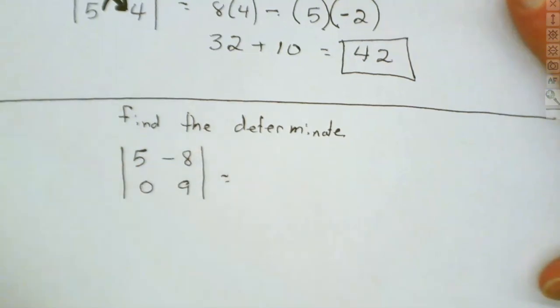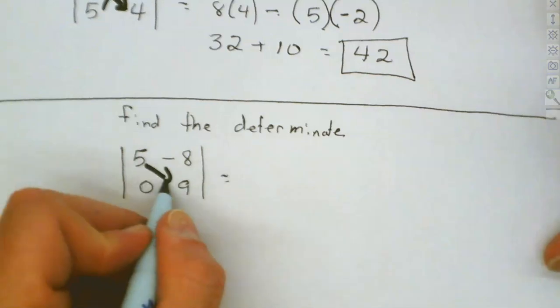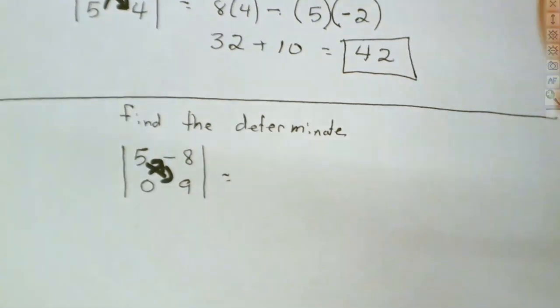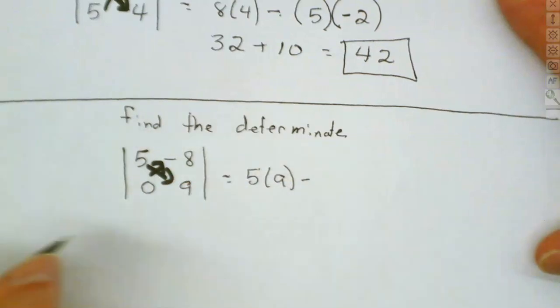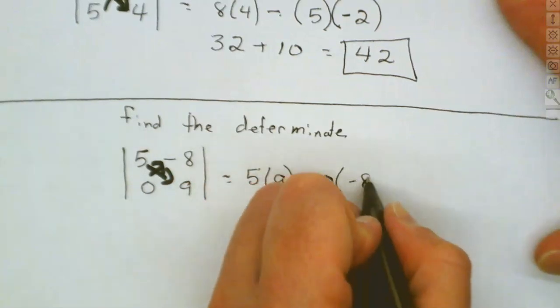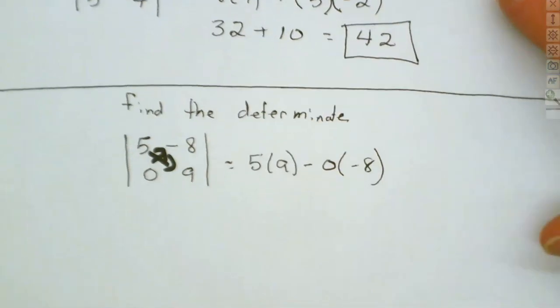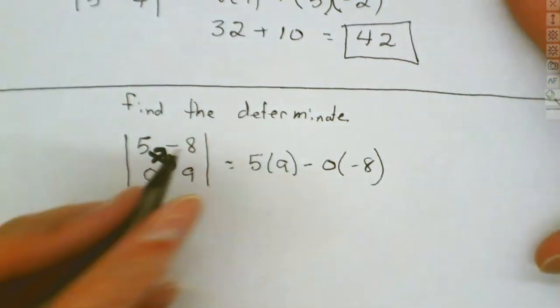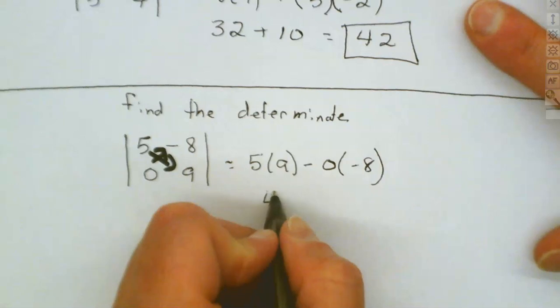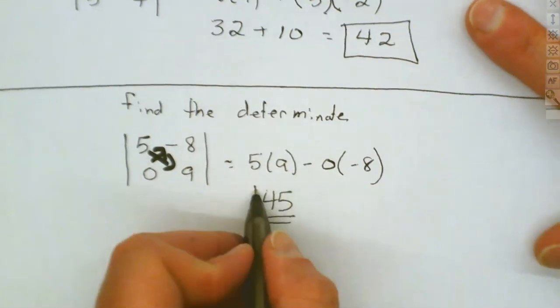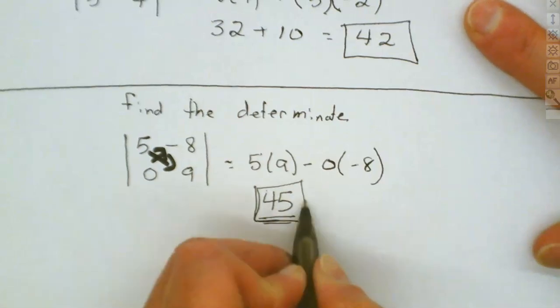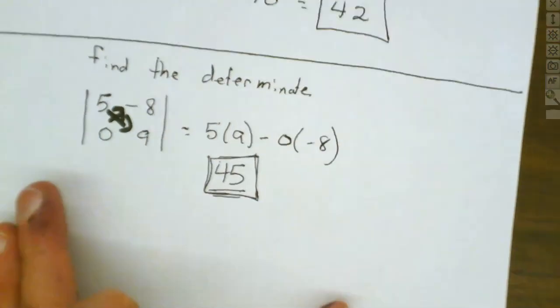And let's see what this would be. That's going to be 5 times 9 minus 0 times a negative 8. 0 times anything is 0. So 5 times 9, well, that's a 45, and that's 0. So your answer would simply be 45.